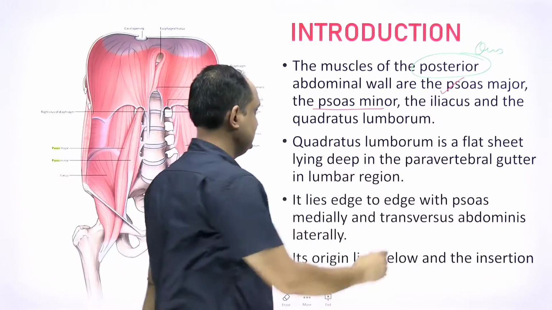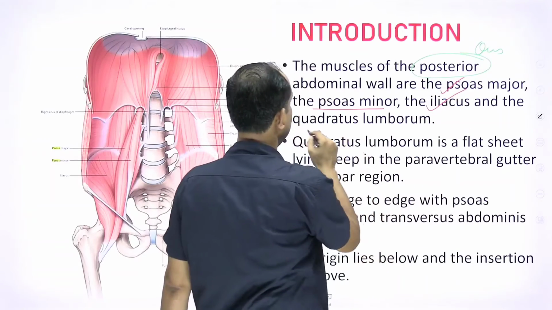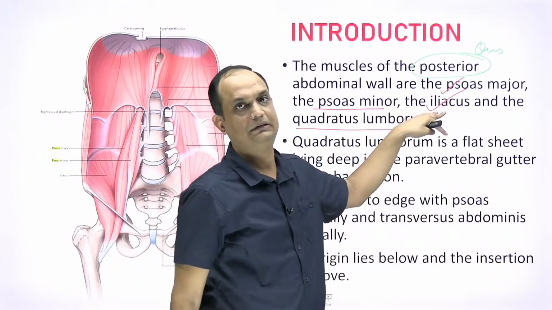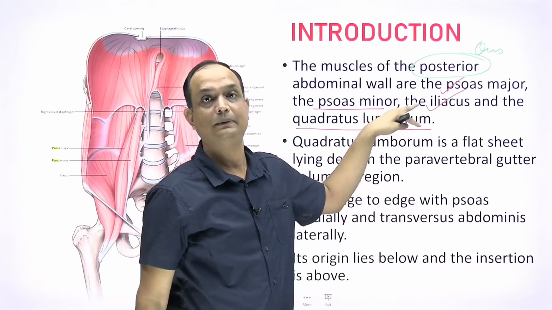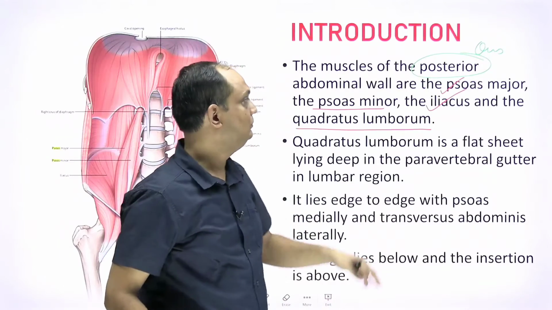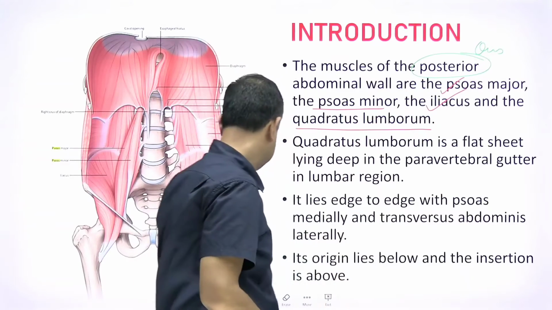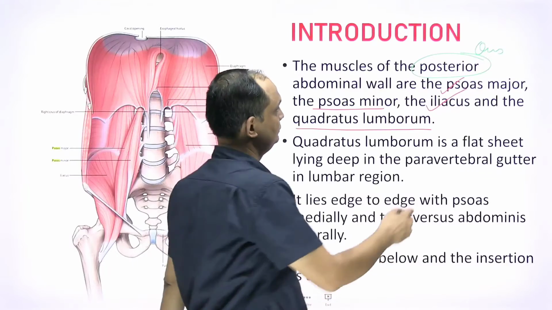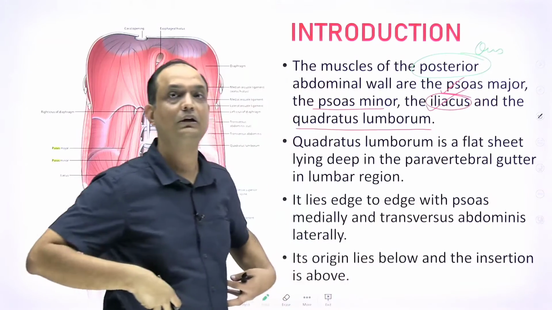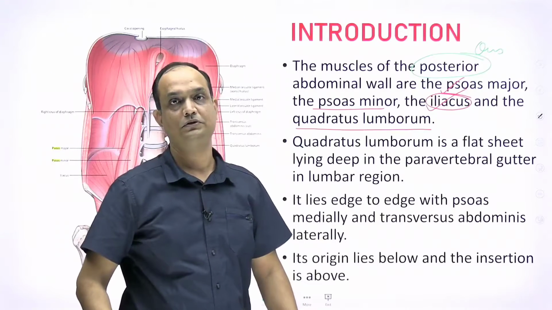Second is the iliacus, and the third is your quadratus lumborum. Now the iliacus muscle is basically not present in the upper part, it is a muscle of the lower part. So if you have the word iliacus in your books, then you are not talking exactly about the lumbar region, you are talking about the lower part of the posterior abdominal wall.